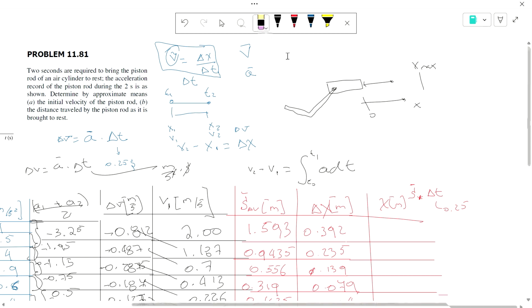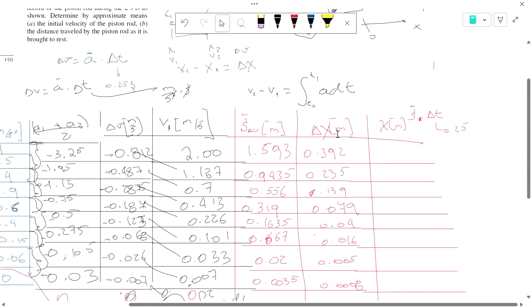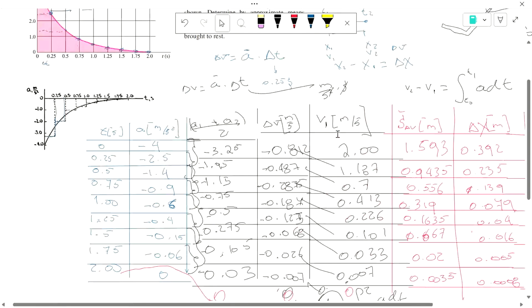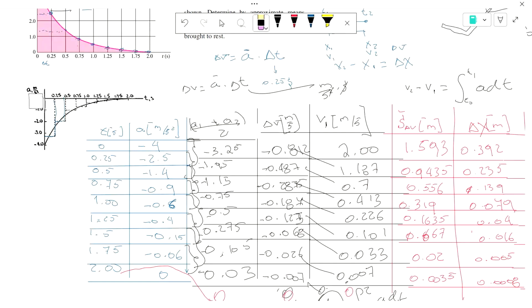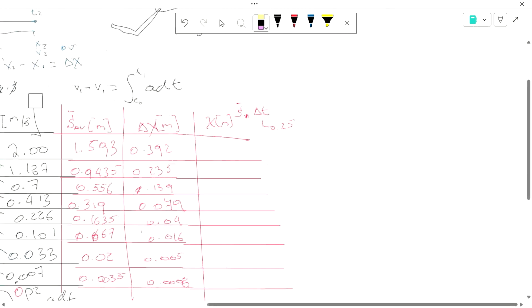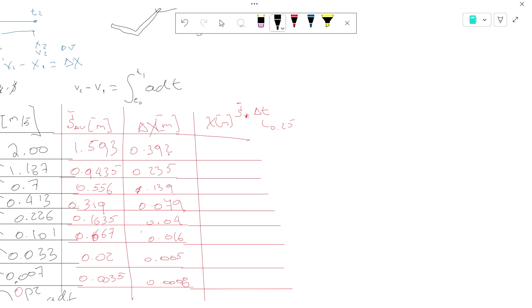The simplest one is to start from x being 0 when the acceleration point is maximum. So when time is 0, that will be the simplest, because in this case we only have to take the delta x as our reference point. We'll create a table based on these values like we did before.